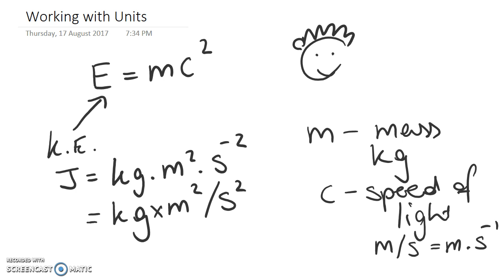Okay, so let's have a look at the units. On the left-hand side, that's nice and easy because we've only got one thing there. On the right here, we've got a squared sign, and we also have a multiplication. So let's see what happens to our units when we deal with those.